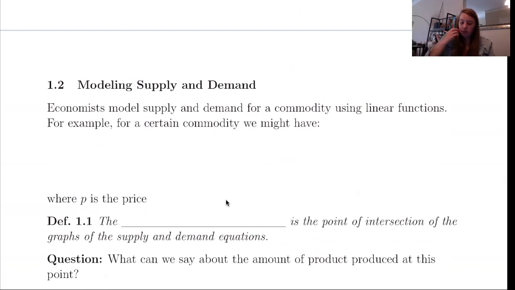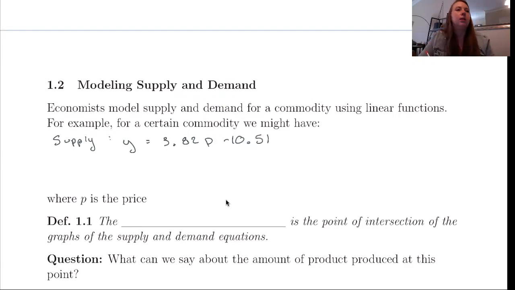So for example, for a certain commodity, we might have our supply be y equals 3.82 p, P, so that's the price, the change, because we can change the price of a commodity, minus 10.51.